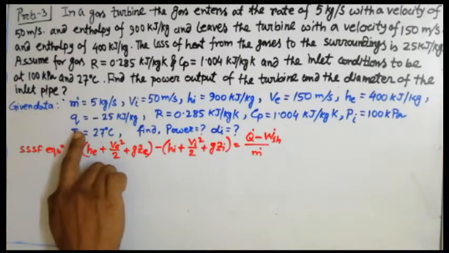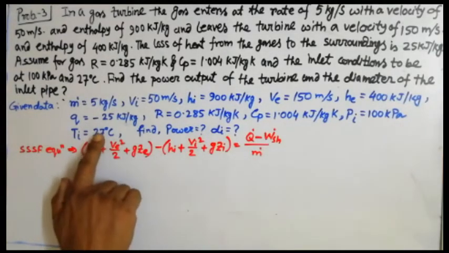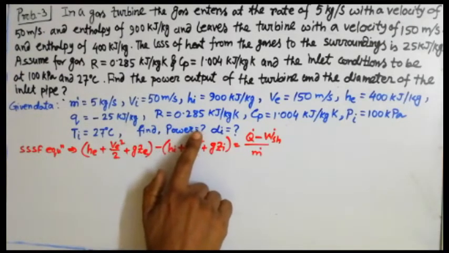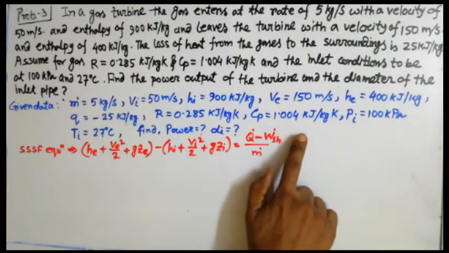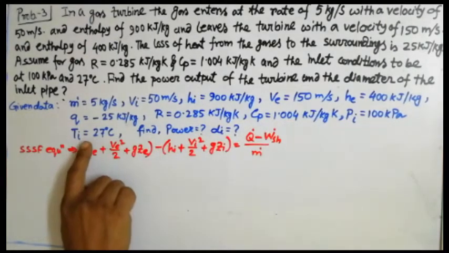Then small q, that is basically heat per unit mass, and the minus sign is coming due to the loss of heat. Then R, the specific gas constant, specific heat at constant pressure, inlet pressure, and inlet temperature.